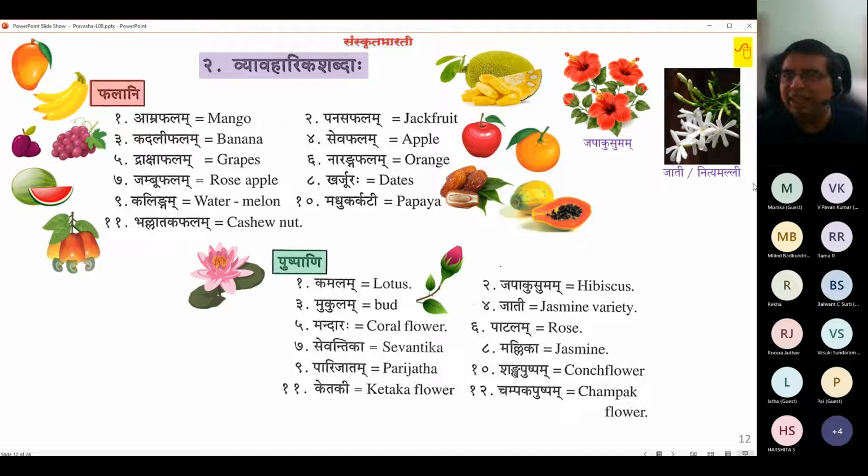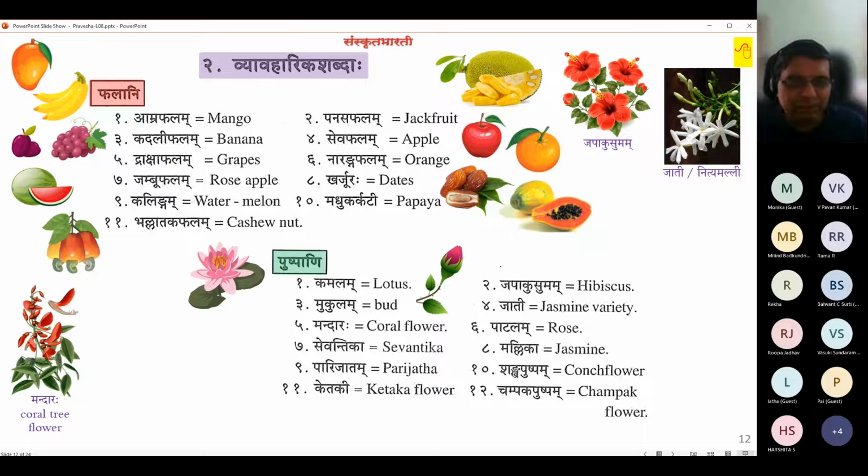Nityamalli is another name. Then Mandara, very rare nowadays. In our area we have a few Mandara trees. It is a small tree, not very tall, with beautiful coral flowers which look like orchids, but it's not an orchid. Then Patalam, very popular, the rose of course. I have a rose bed here. Patala Pushpam or Patalam.